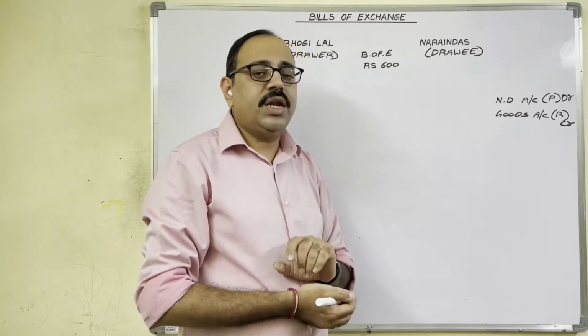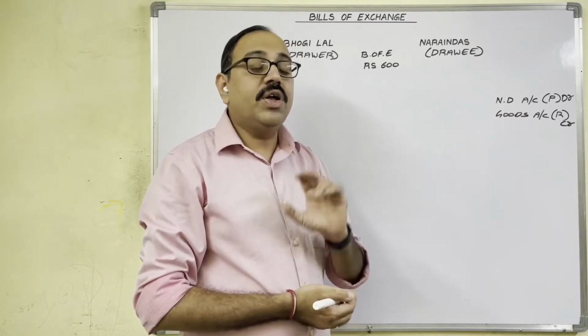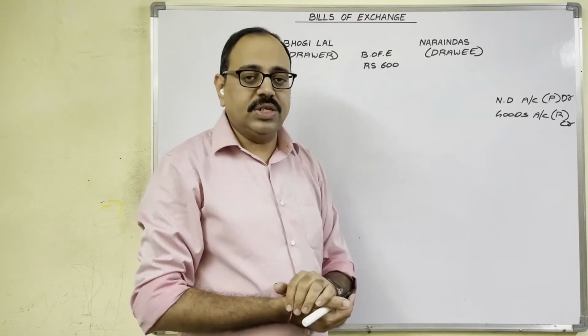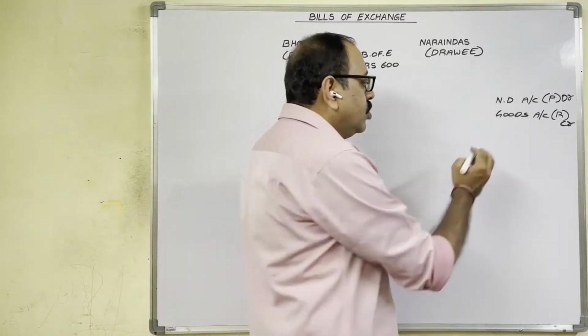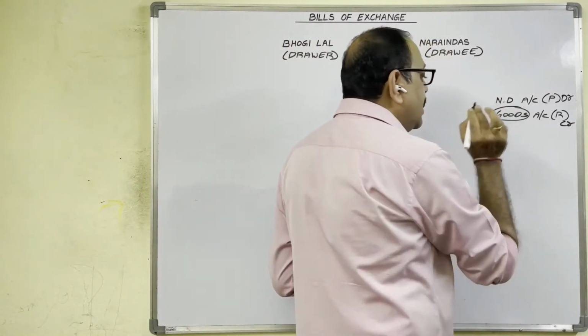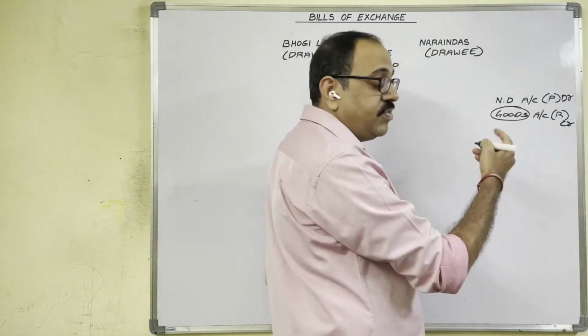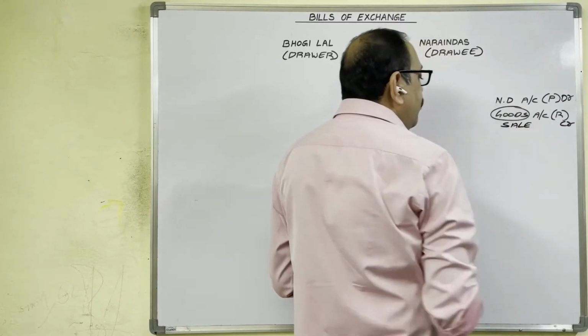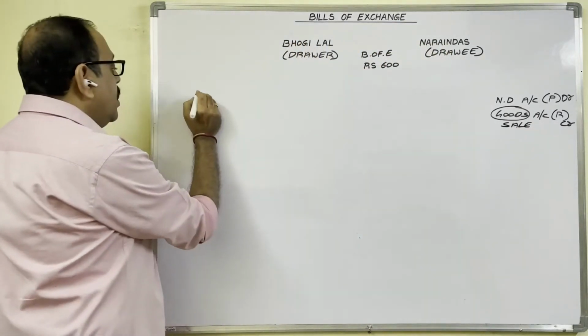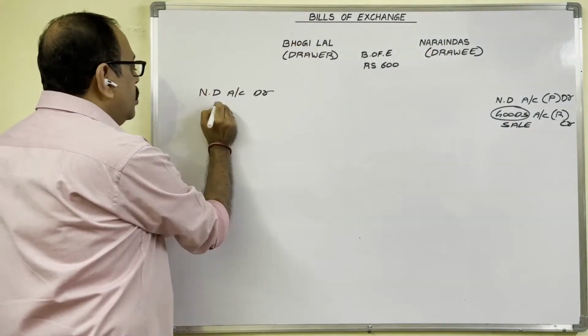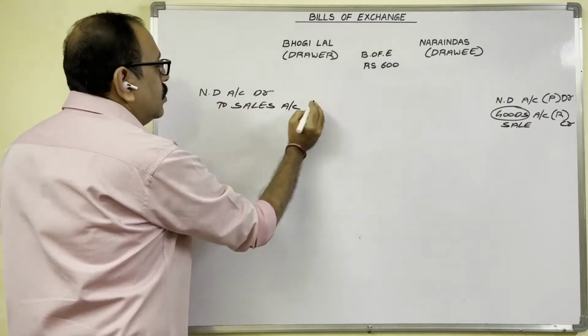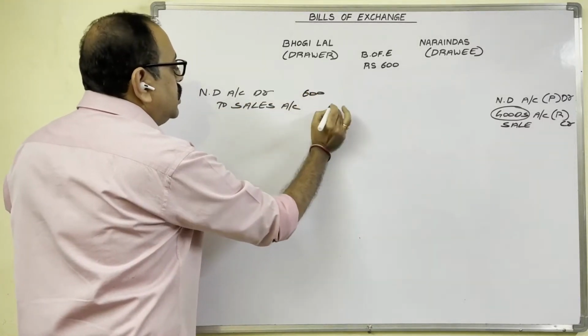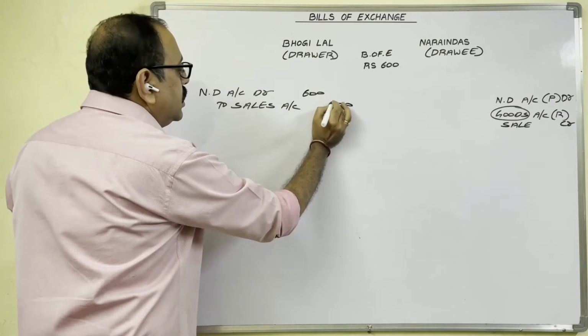So instead of writing goods, we should write the transaction name. This is a sales transaction, no? Sales account. Then the final entry is Narayan Das account debit to sales account, amount 600 and 600.